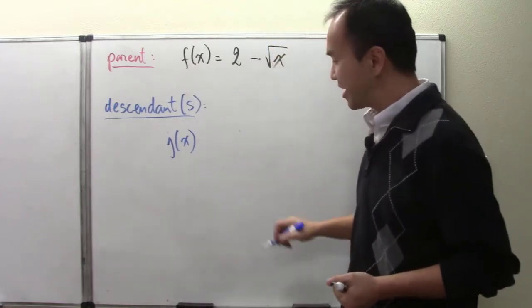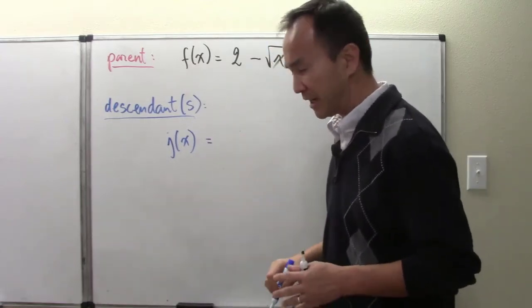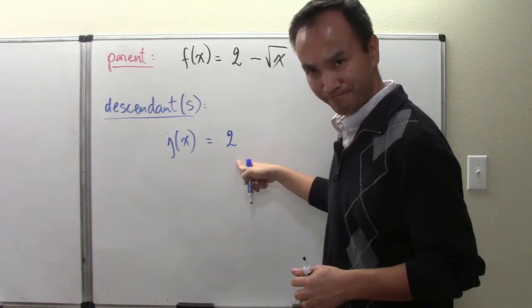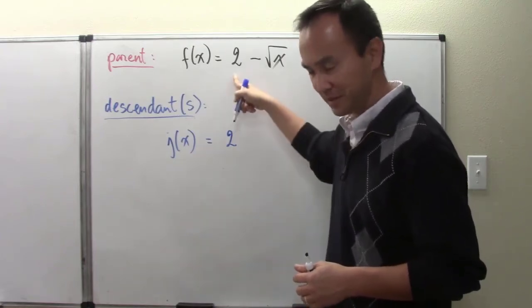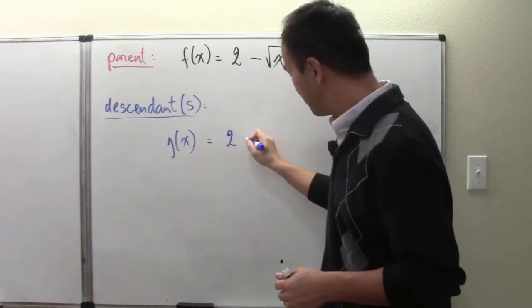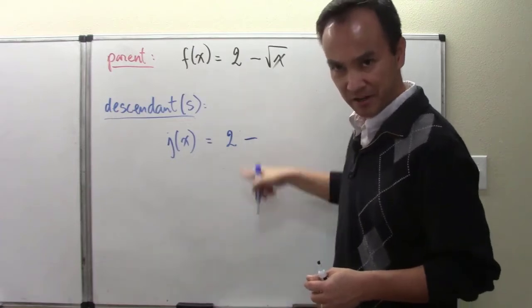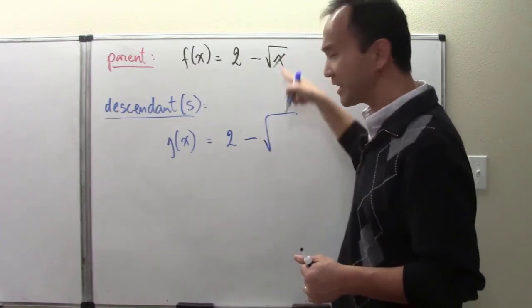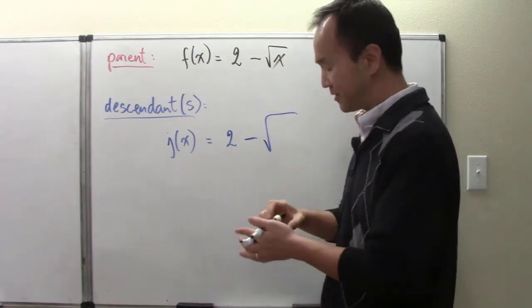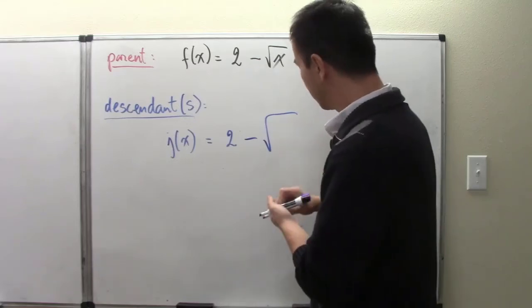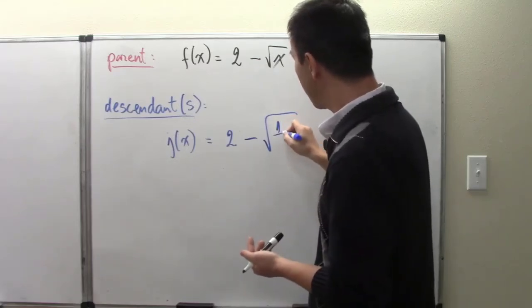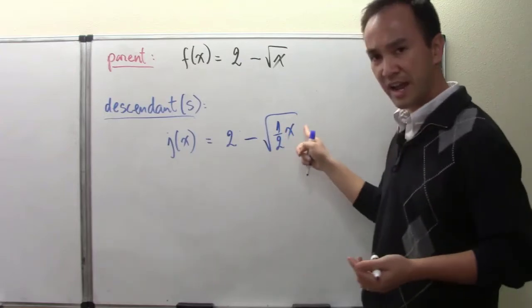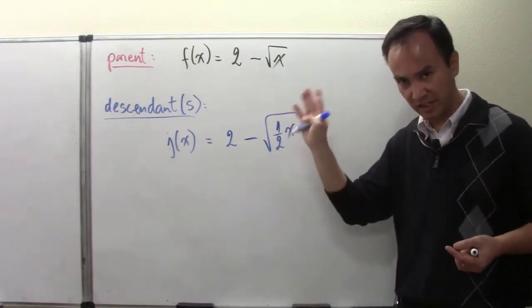So j of x here is defined as, how about 2, 2 being the same with the parent function, minus, just like its parent function, now square root, and just like the parent function again. But now it's going to be, how about 1/2 x, so 1/2 times x inside the square root.